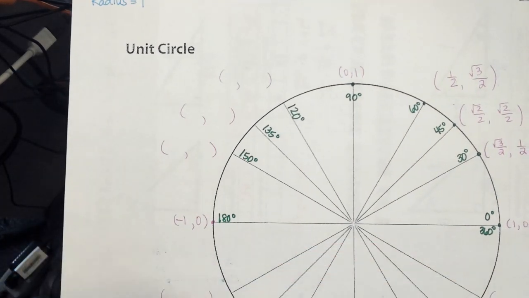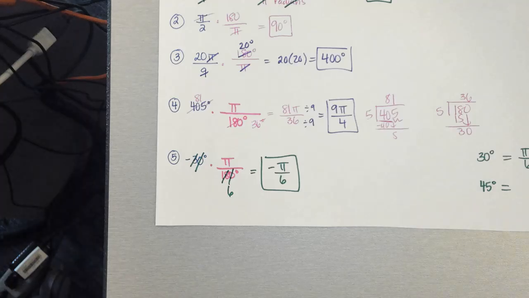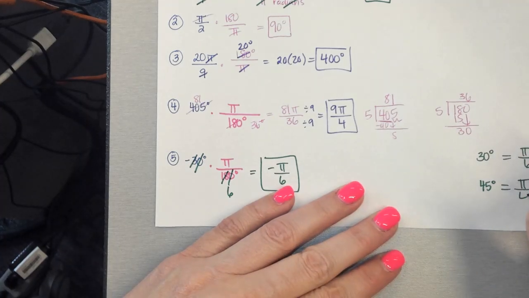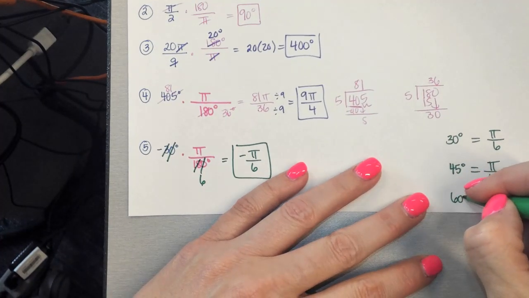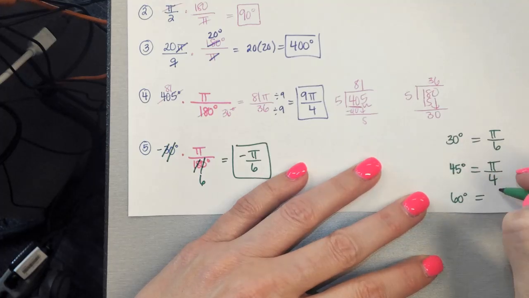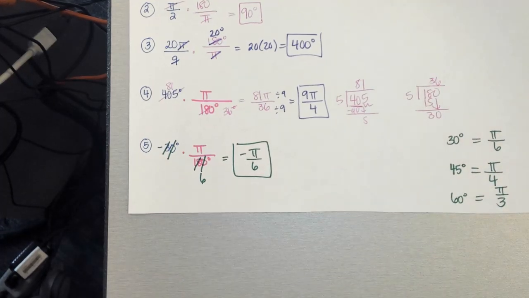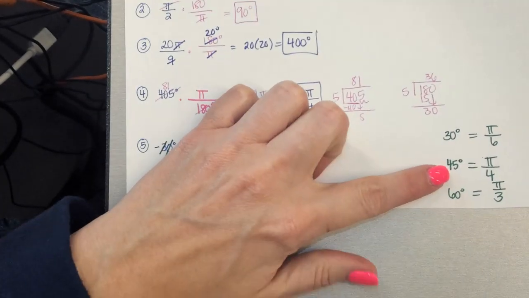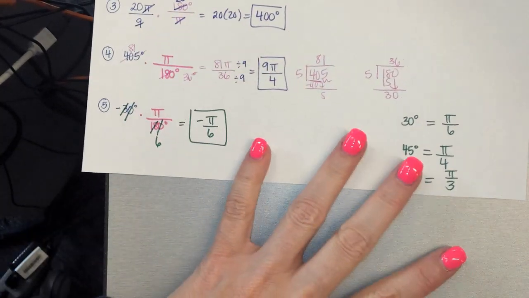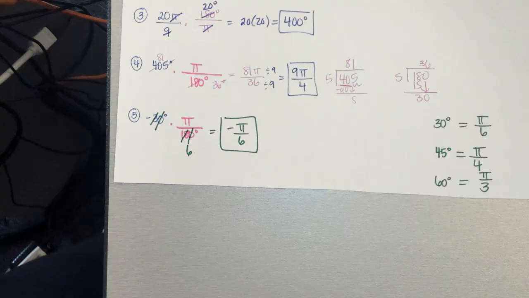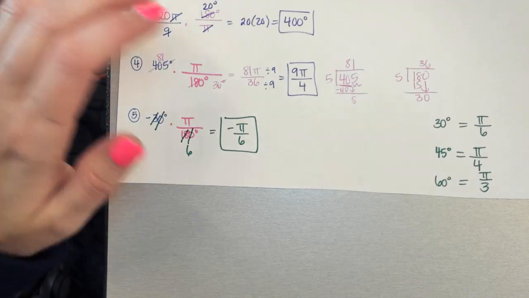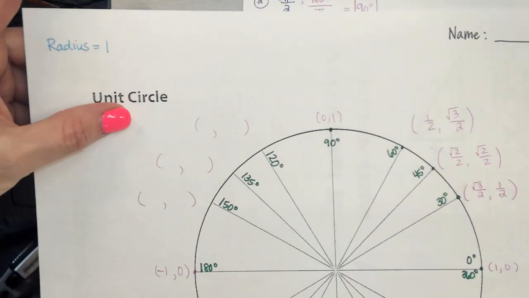Okay, so for 45, it's going to be pi over 4. Do you guys remember what 60 is? Pi over 3. Okay, so those we have to have memorized. Anything else we can factor. Well, and again, you don't even have to memorize them. As long as you can reduce and remember that it's over 180 degrees, that's going to be your fraction.